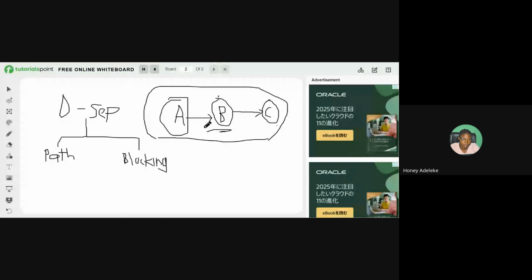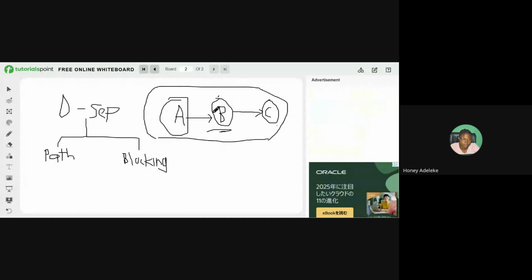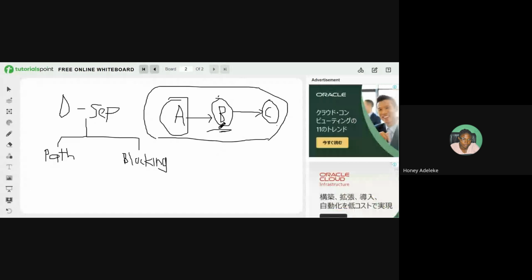And what does that mean? It means that once you know your B, then A gives no extra information about C. So when you know a particular variable in the middle, you already have all that you need to know about the third one because of the information you have about your B. Then that path is a chain path.